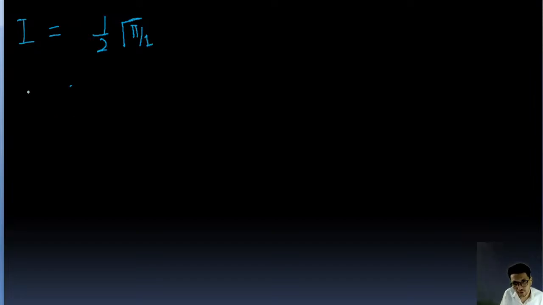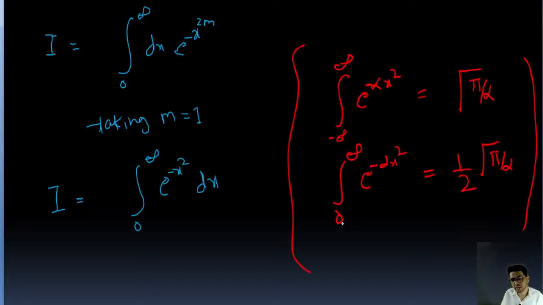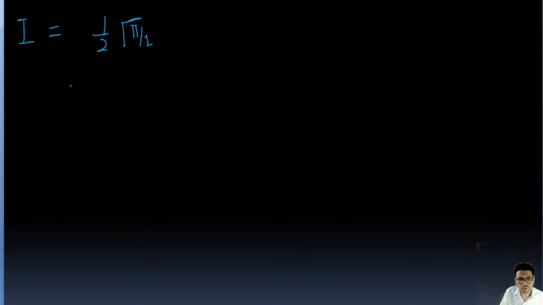We have used this formula, guys: integration from 0 to infinity of e to the power minus alpha x square has the value 1 by 2 root pi by alpha. So that integral value is going to be 1 by 2 root pi.